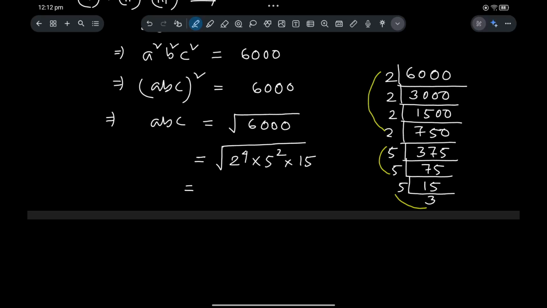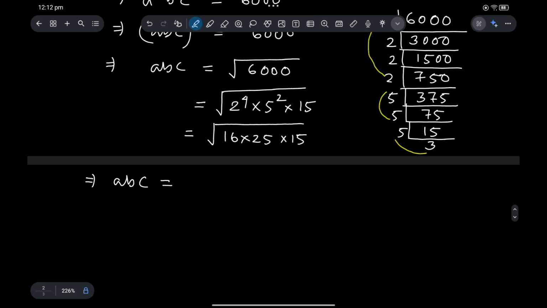That equals 16 into 25 into 15. We can write ABC equals root 16 into root 25 into root of 15.